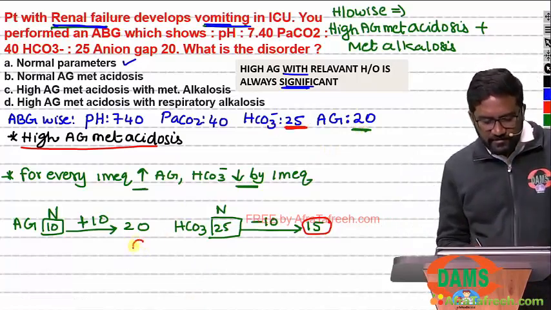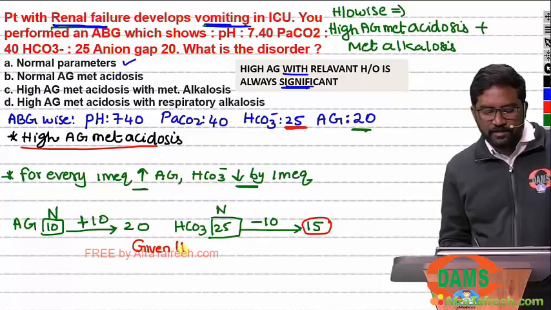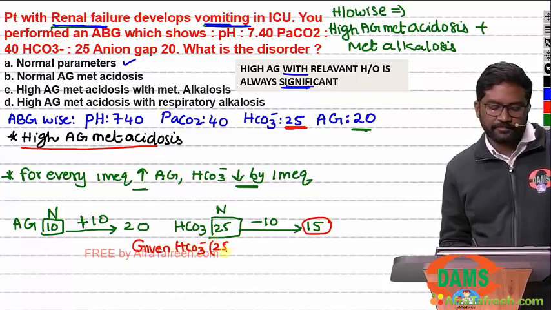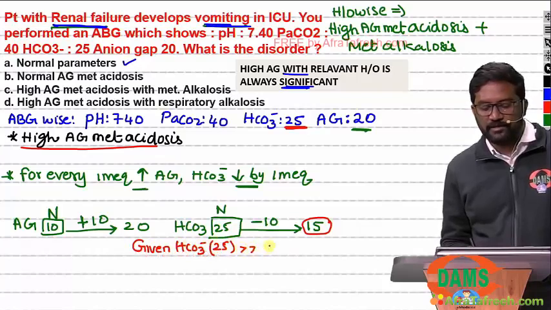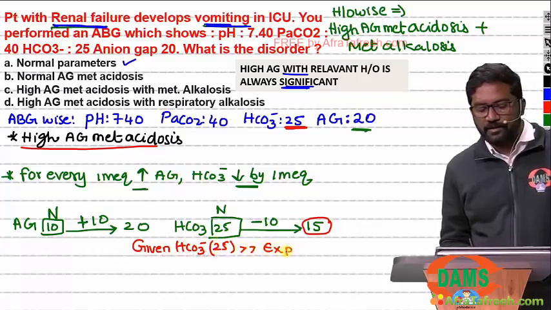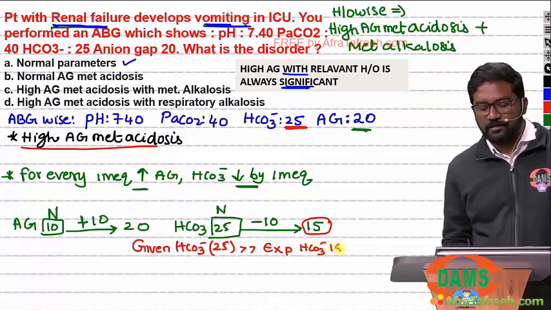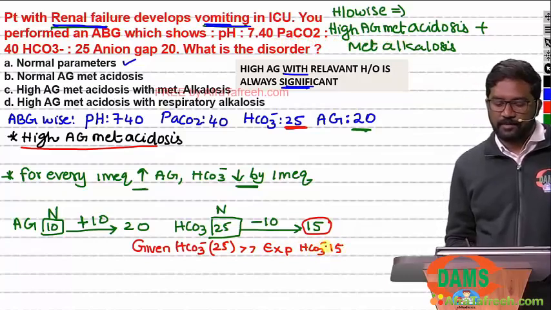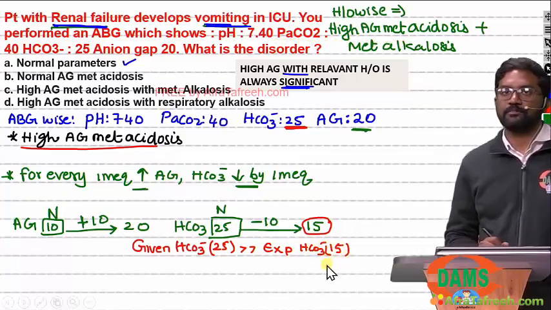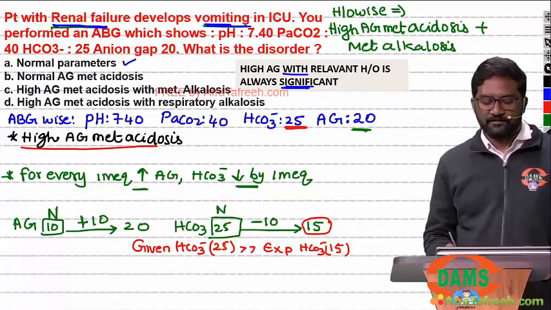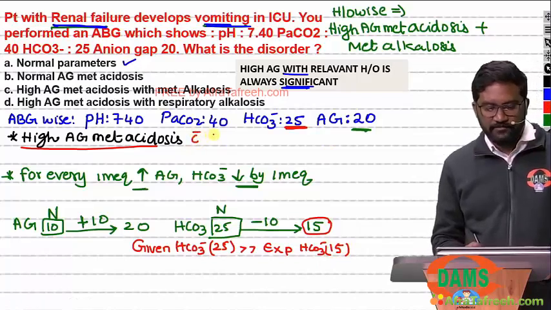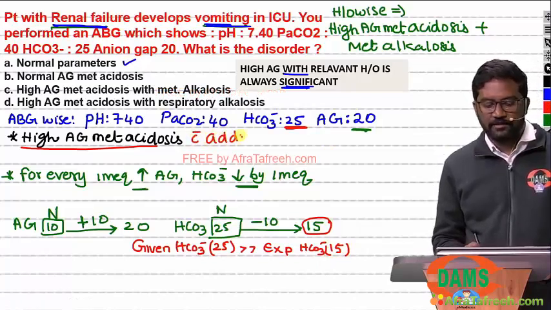So this is a situation where the given bicarbonate in the patient's body, 25, is very much higher than the expected bicarbonate, that is 15. So it means there is some extra bicarbonate in the body. Anywhere extra bicarbonate should be referred to as additional metabolic alkalosis.